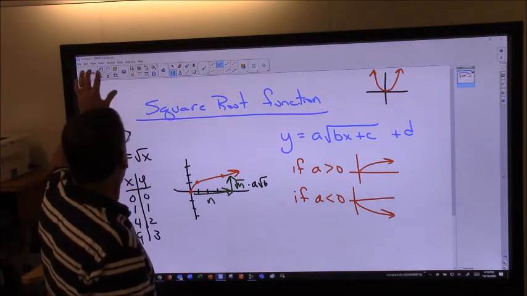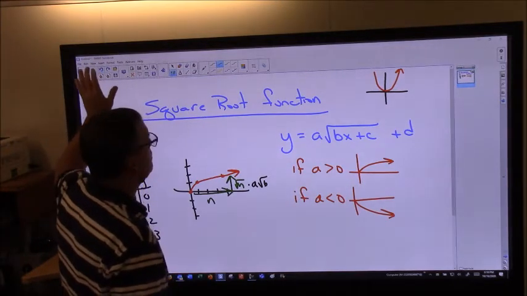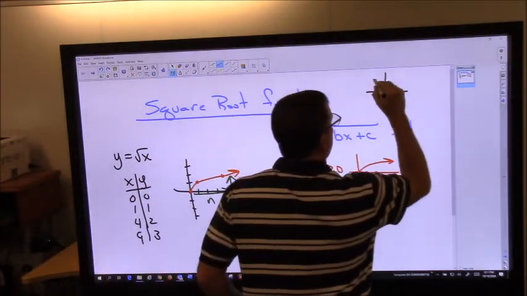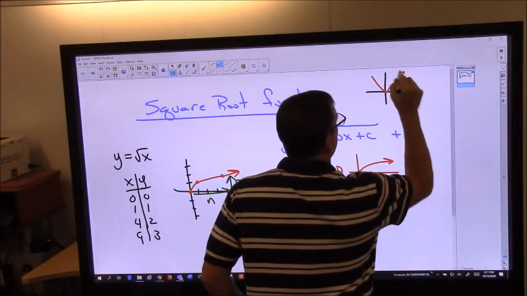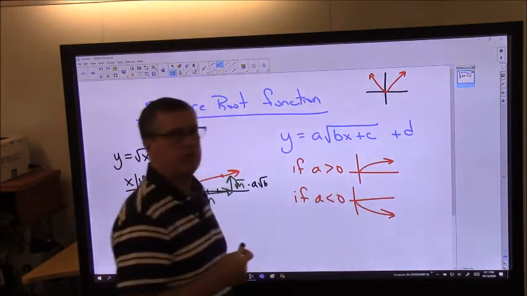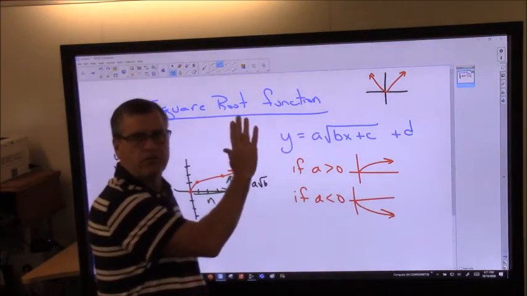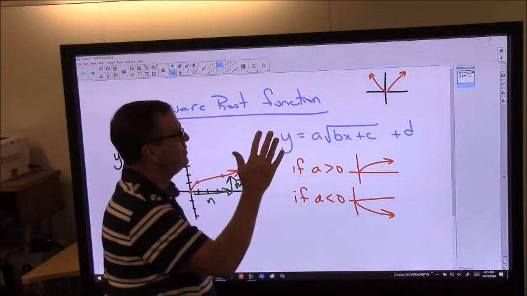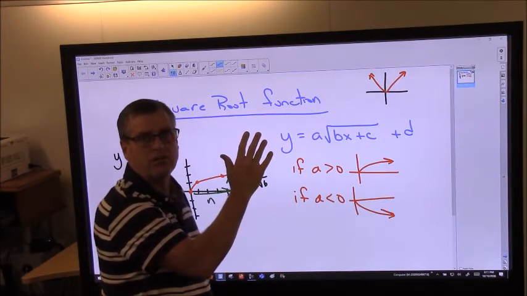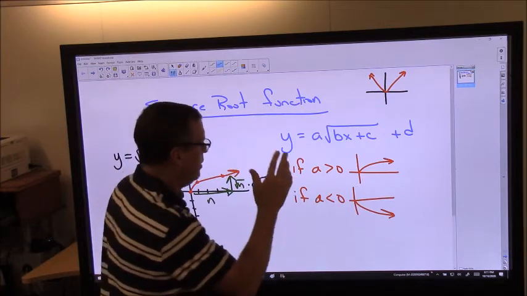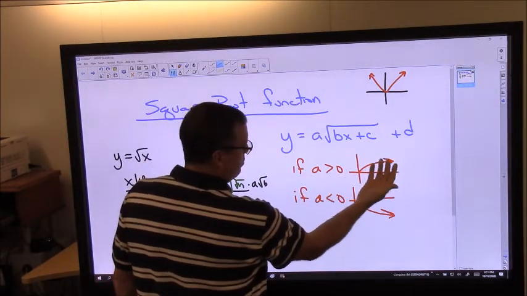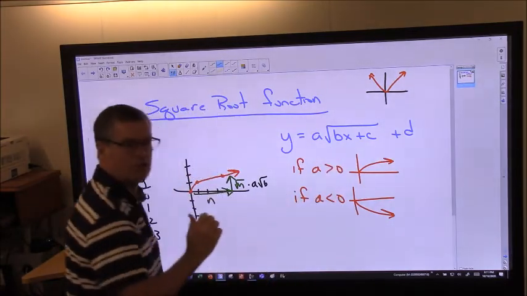You know, if you think about the absolute value function, it looked like this. And so if the b value is negative, it means I have to flip that across the y-axis as well. Would it look any different? No, it would look the same. Okay? But now when we have a square root function, if I'm going to flip that across the y-axis, it is going to look different.